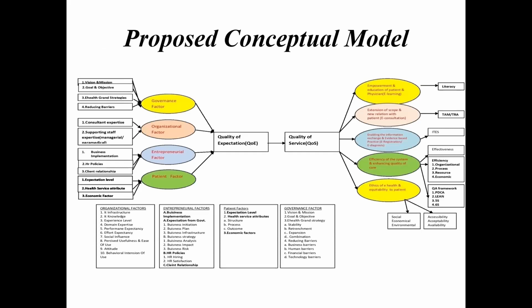So this is the proposed conceptual model. This is a vast model encompassing everything in it. So the model is quality of expectation, how it relates to quality of service.